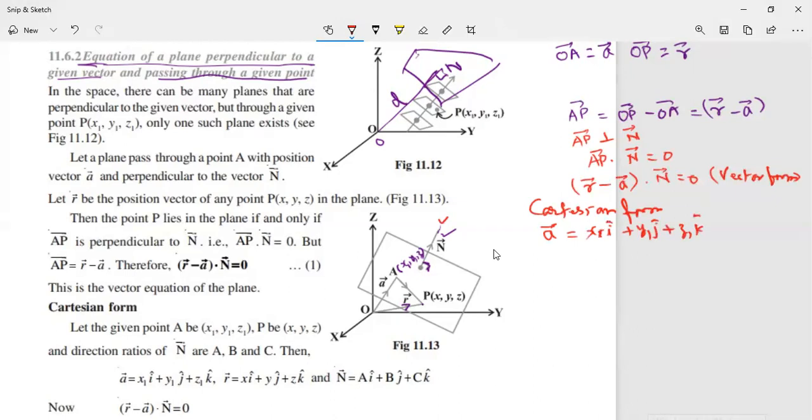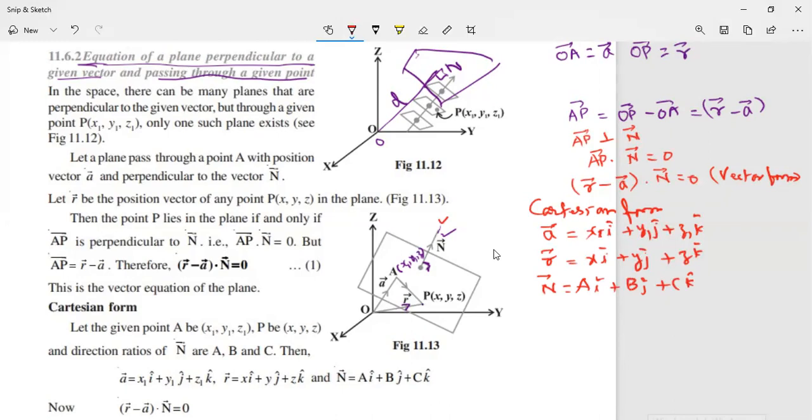And r, everyone knows, is a general vector whose value is always x i plus y j plus z k. n is any vector, but it is perpendicular to the plane. So we can take capital A, B, C: A i plus B j plus C k. This is the vector which is perpendicular to the plane.